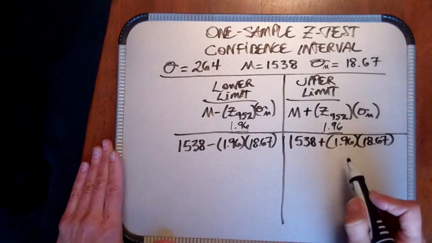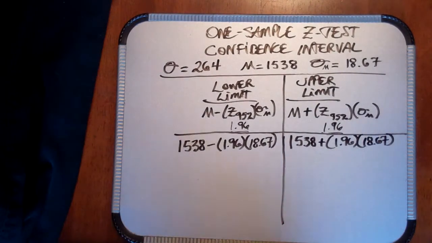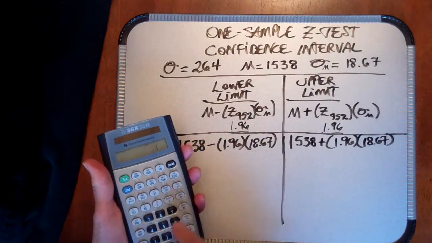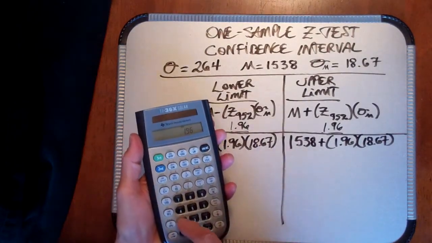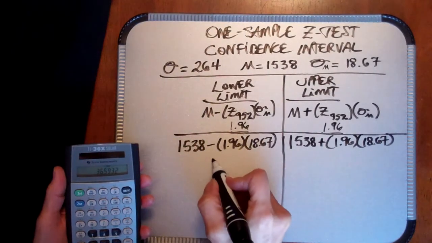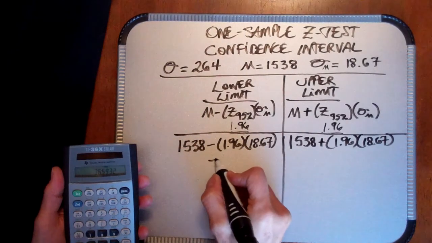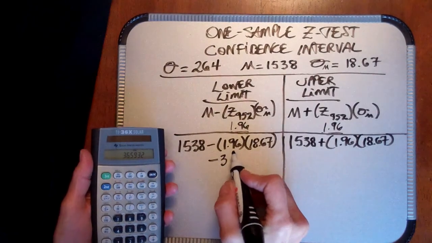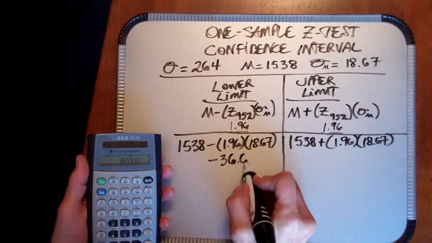Right? Very simple math. So of course, following our order of operations, we want to first multiply 1.96 times 18.67, and we get 36. We'll round that to 60.